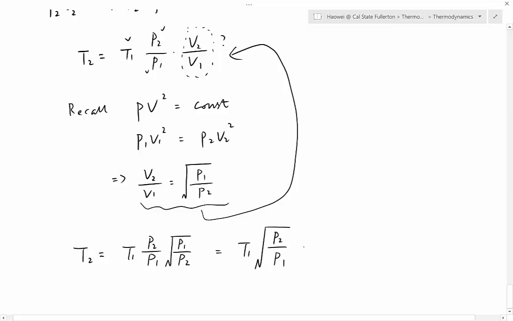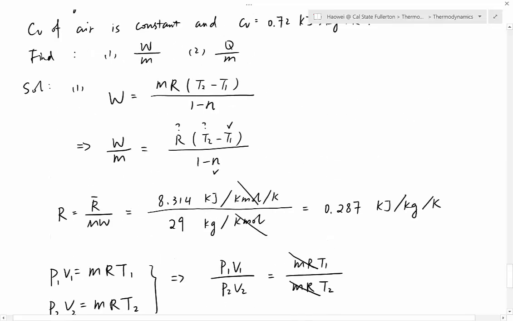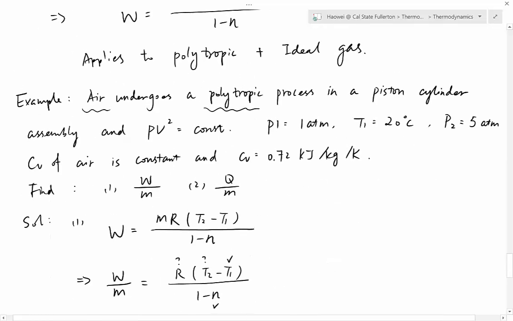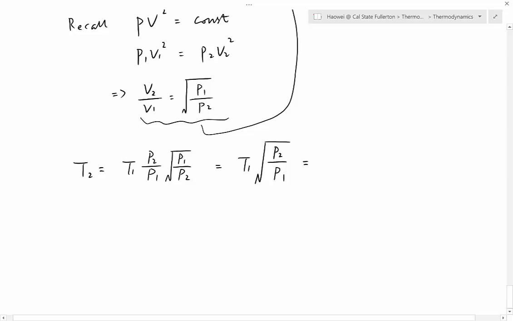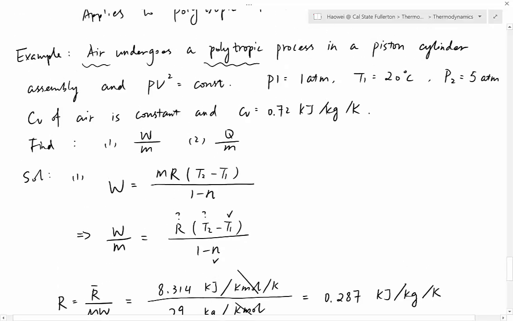Now we can just plug in the numbers. T1 is given as 20 Celsius. We cannot directly use 20 Celsius because it's not SI, so convert it to SI by adding 273. Multiply by, okay, P2 over P1, which are both given in atm instead of Pascal.